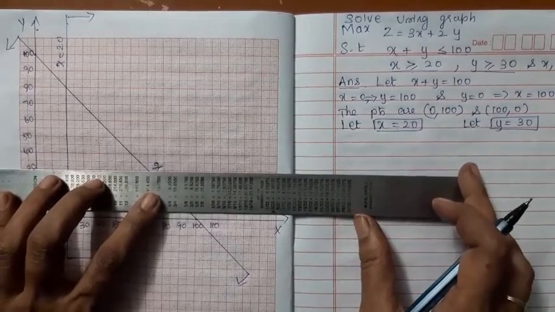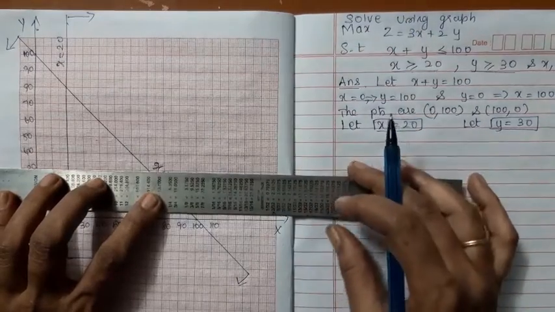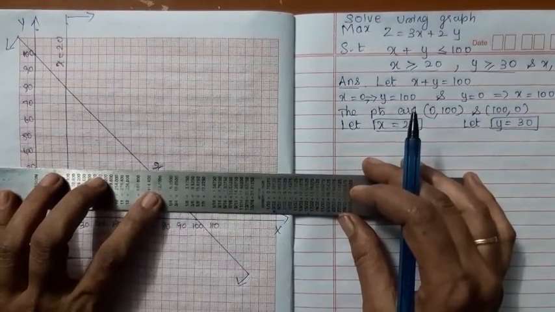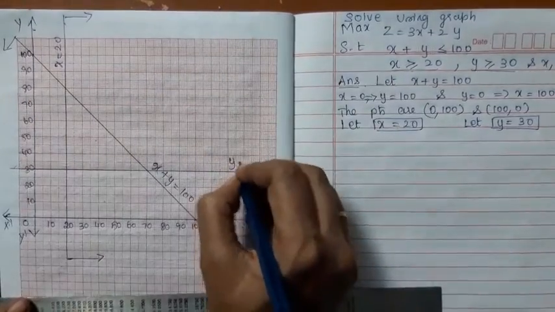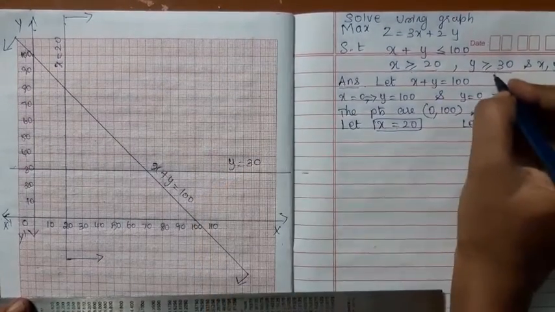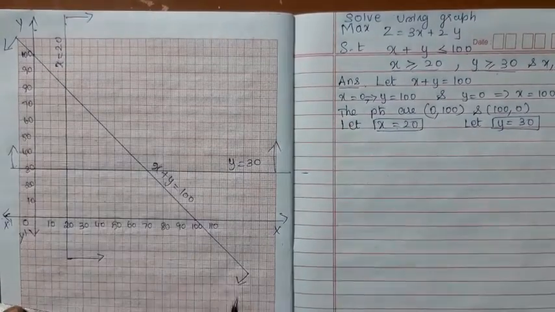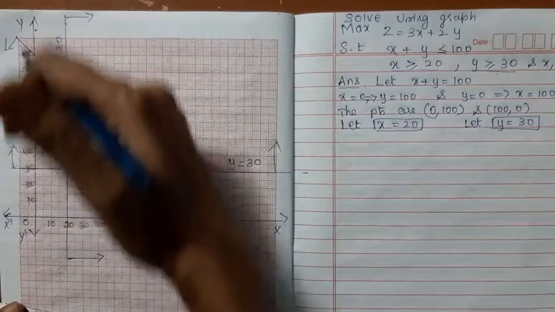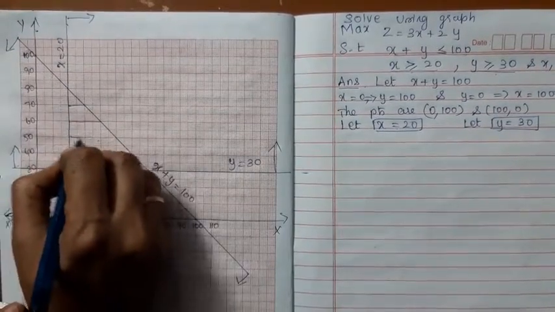Take y equal to 30. Your question says it should be greater than 30, so go up. Your area should be above this line and below the first line. So this is your feasible region.